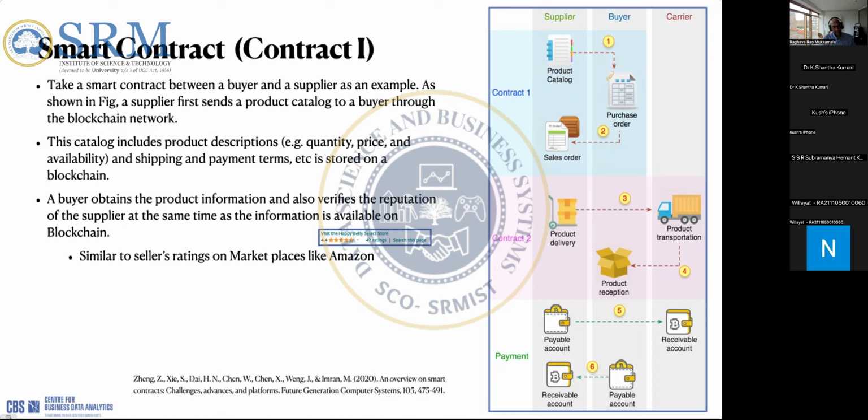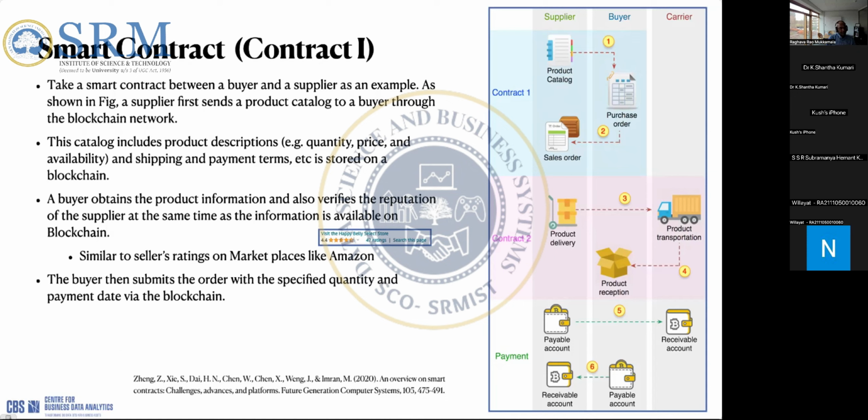That means we have this information about the supplier, offered in terms of some score or reputation. And if the buyer is satisfied with the reputation of the seller or the supplier, then he will submit an order.